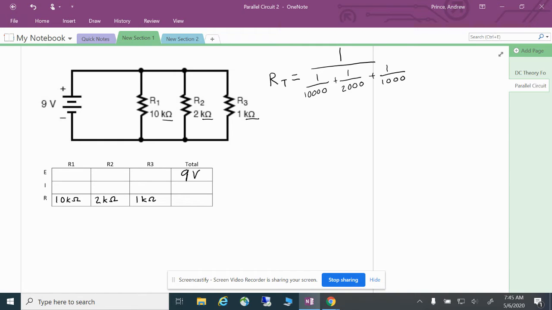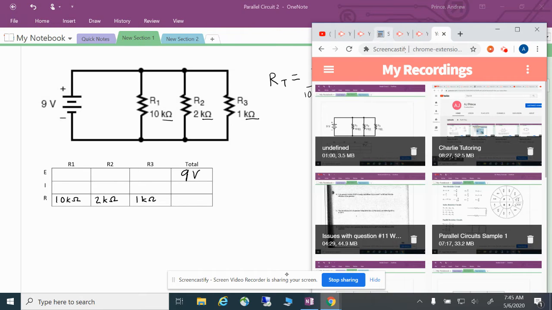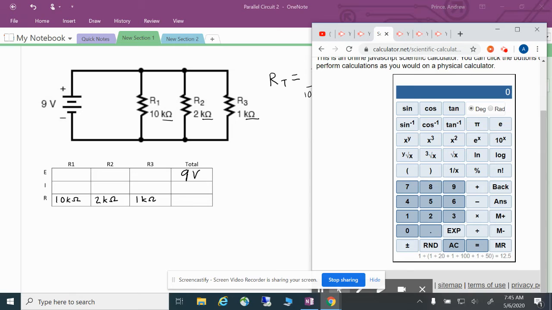So if we go to plug those values in, see if we can bring up our calculator here. So we got 1 divided by, I'll put our parentheses in to make sure that we apply it to the entire fraction.